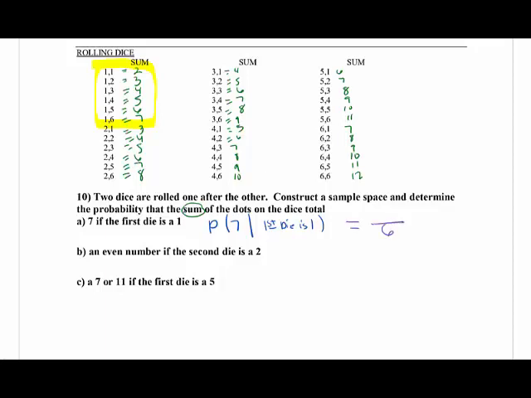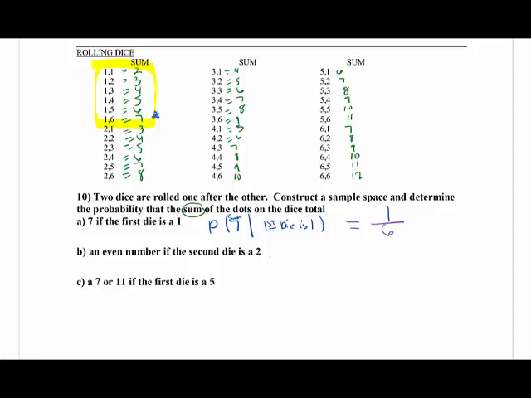I'm only looking at those 6 options, and now I'm saying out of those 6 options, how many of them have a sum of 7? Because that's what I'm actually asking for here. I'm going to add that right there. We want the sum to be 7. There's only one that matches that, which is right there. Start with the denominator first.